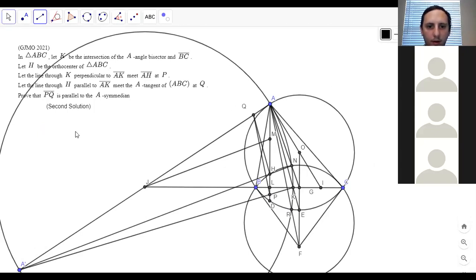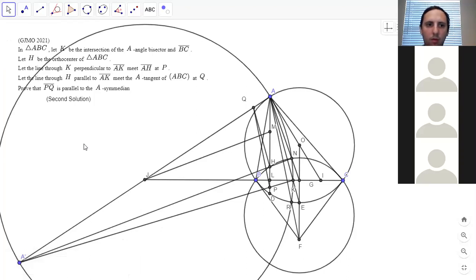And then, okay, QHPA prime, we want to show that that's cyclic. And that I think is probably just an angle chase, right? Oh, I think this solves the problem.